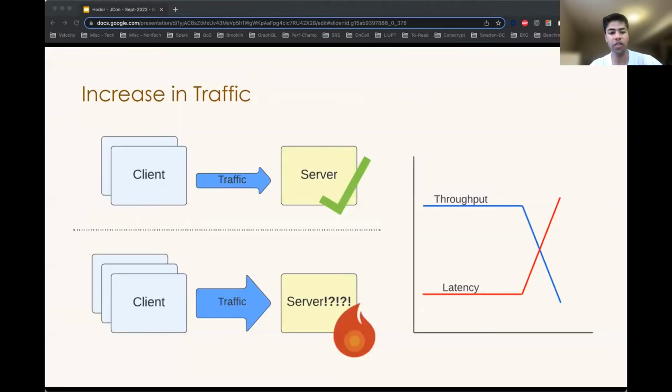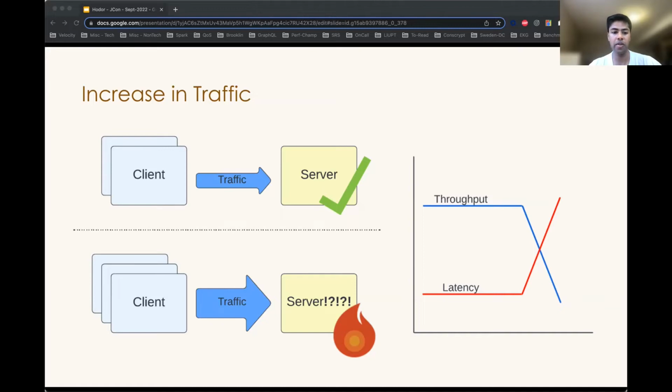All right, so the first overload scenario that we observe really most frequently at LinkedIn is because of an increase in traffic. As shown in the diagram on this slide, a server is perfectly capable of serving a certain amount of traffic with acceptable latency and throughput. But as the traffic to the server increases, we typically start hitting physical limitations such as CPU constraints.